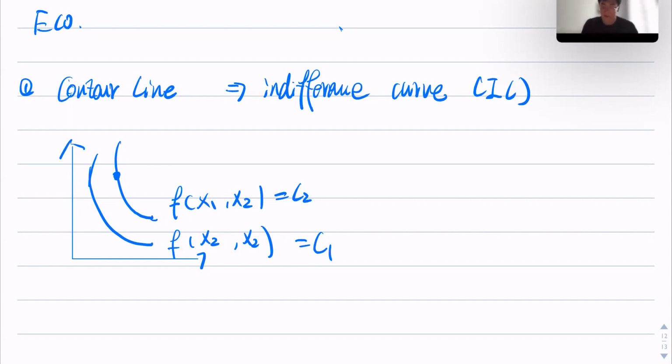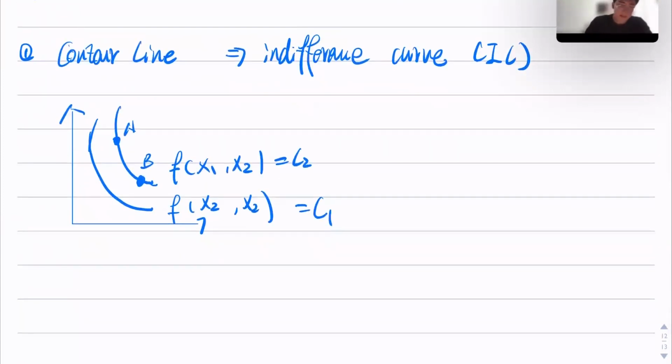So in the economic view, these two goods can bring the same utility to the consumers. Like these two points, point A and point B, can bring the same utility to the consumers. So it's basically equal to a contour line.